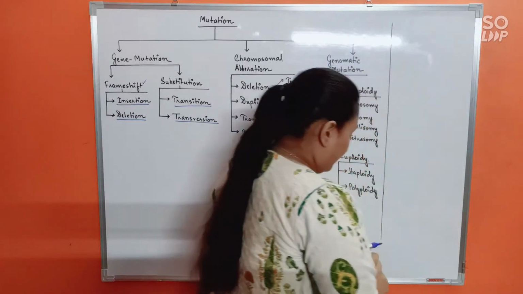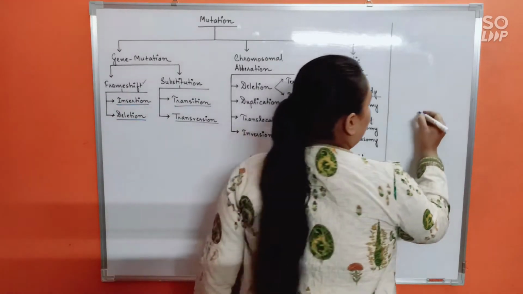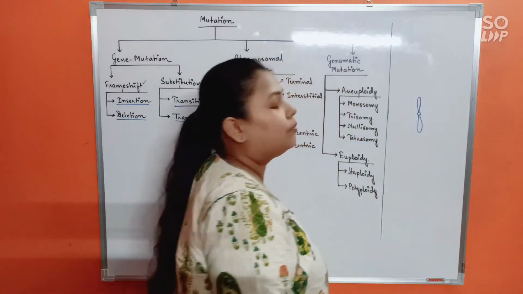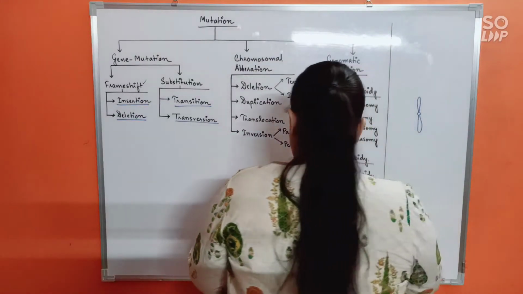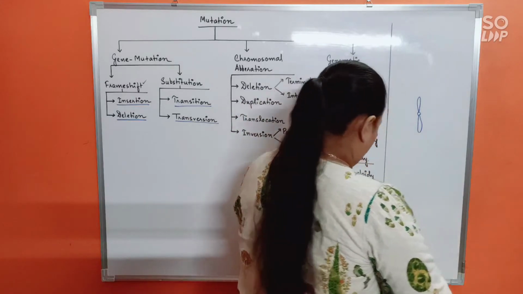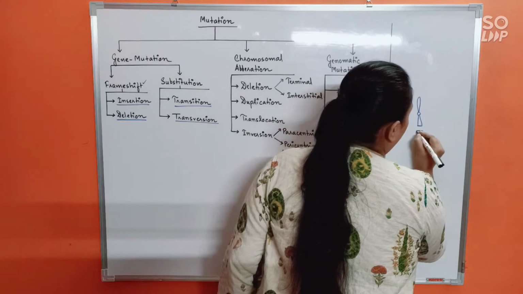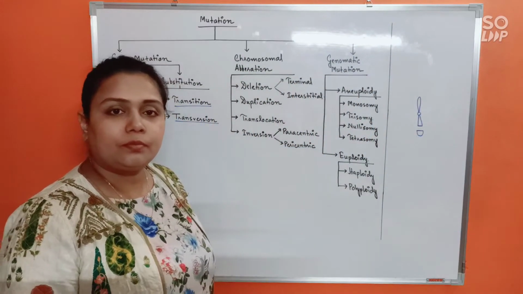Now chromosomal aberration would mean change in the chromosome. Suppose this is a chromosome, isn't it? And some change happens in the chromosome. That means, suppose a part of the chromosome gets cut or lost, okay?